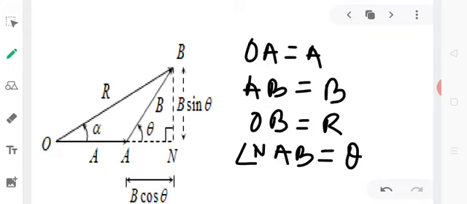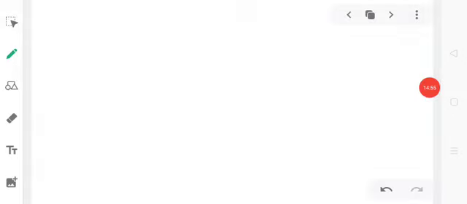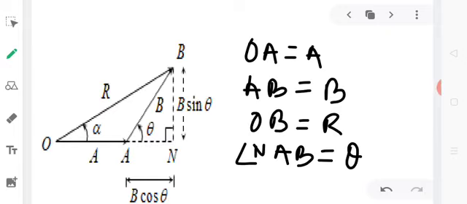So now let us consider the triangle ABN. From this triangle, what should be cos theta? We know that cos theta is equal to base by hypotenuse. So in this case, the base is AN and hypotenuse is AB. So cos theta will be AN by AB.